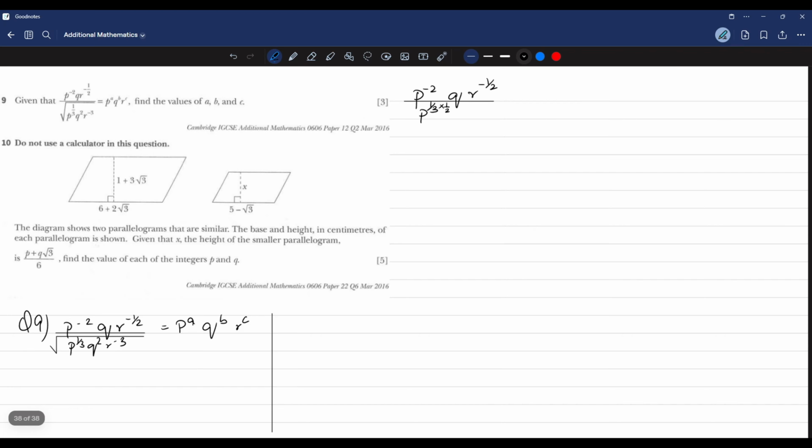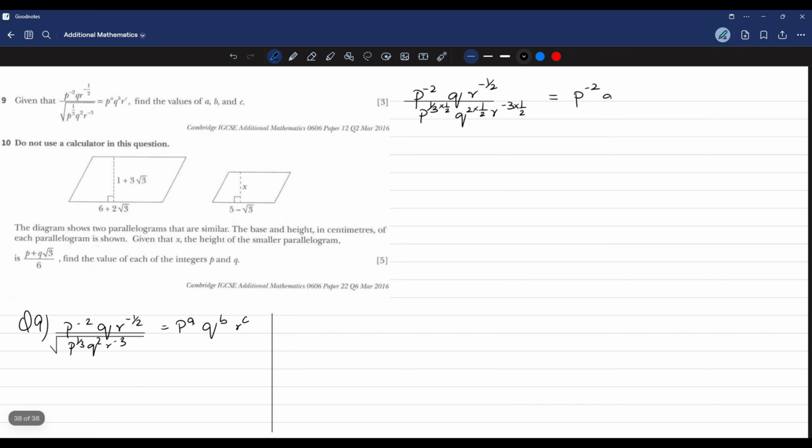By the way, before we go further, let me clarify that if this would be p plus q plus r raised to power negative 3 inside the under root, that's not how we would solve it. However, they're multiplying right now, so we can write it in that way. So q raised to power 2 multiplied by 1 over 2, and r raised to power negative 3 multiplied by 1 over 2. And that's how we are going to remove the under root from the denominator.